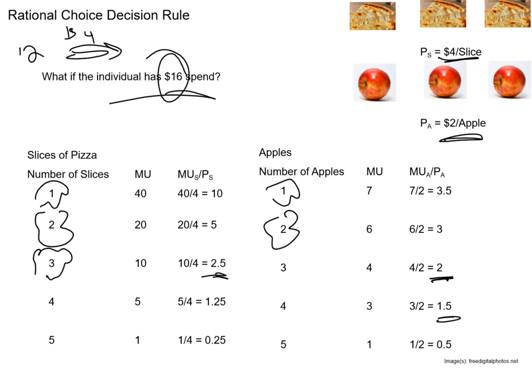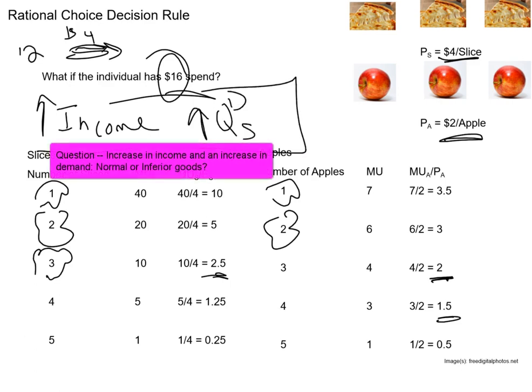Notice, what do we have? When the amount of income we had went up, what happened to the amount of pizza we wanted to buy? The amount of pizza we wanted to buy went up. Do you recall what's the name for that kind of scenario?